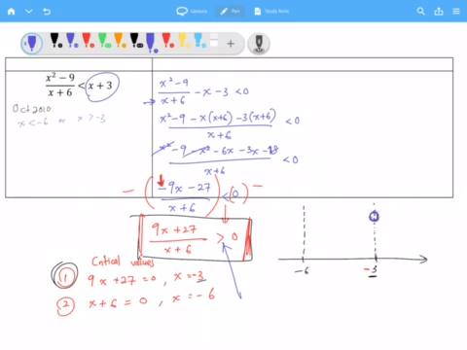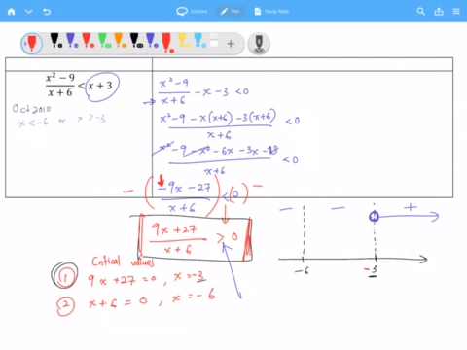Just draw a white circle. Anything higher than that, let's say 0. 0 plus 27, 27, right? Okay, 1 multiplied with 9 plus 27 is getting bigger. So anything higher than negative 3 will result in positive value. Anything lower than that results in negative value.